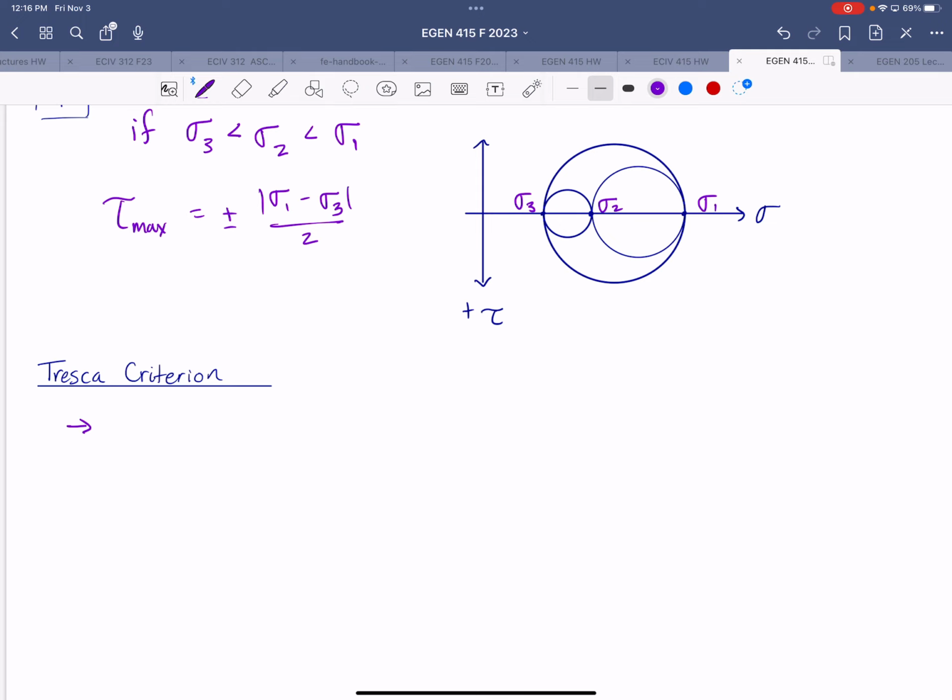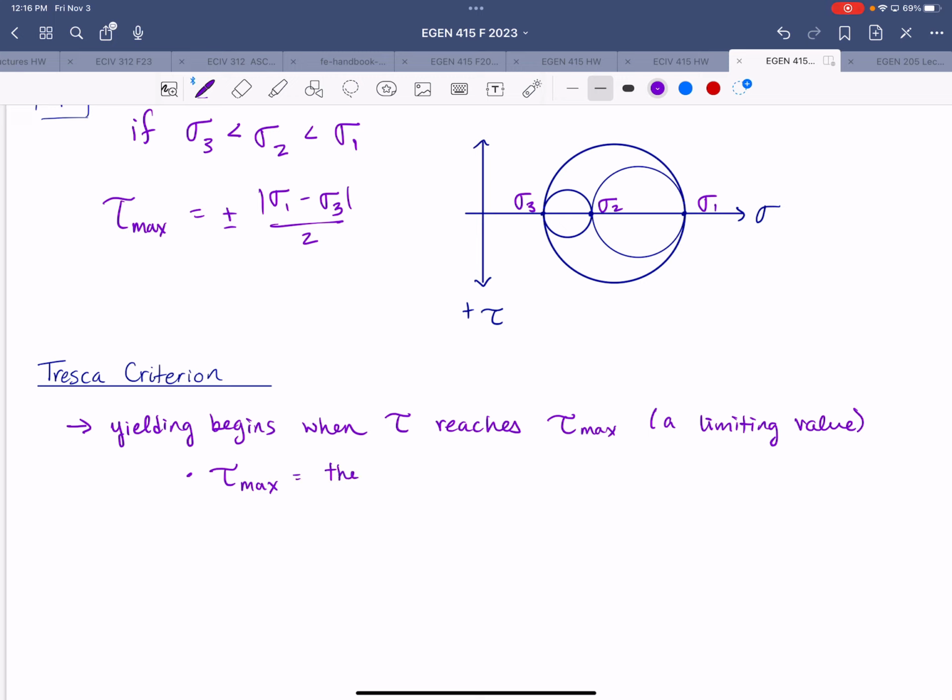The Tresca criterion states that yielding will begin when the shear stress reaches a limiting value, the maximum shear stress, where tau max is the largest radius of Mohr's circle, assuming the material is isotropic.